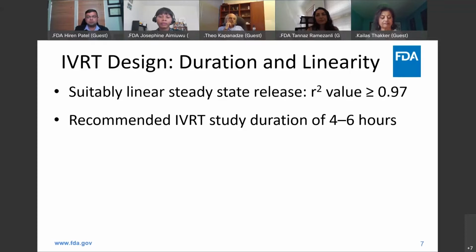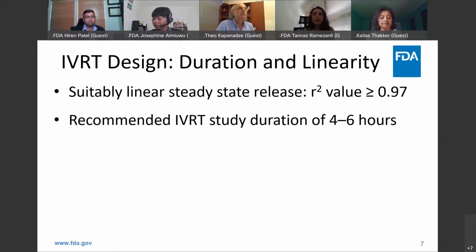In a specific situation, yes, maybe there is specific consideration for a particular drug product, but the majority of the time we don't see any concern having a 4 to 6 hour study. And in some cases, you even have to go higher than that. But I think the short answer is that the majority of the time, 4 to 6 hours is sufficient for IVRT studies.